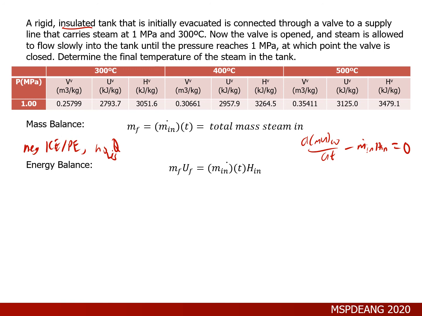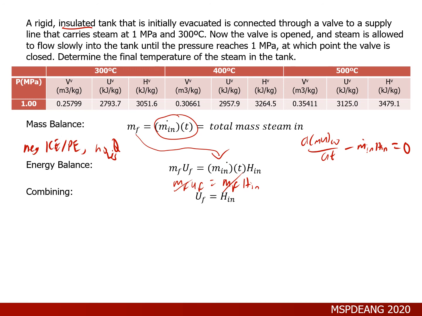Now combining the mass balance and energy balance equation, m dot in times T is also equal to MF. So we will get MF UF is equal to MF H in. Cancel natin si MF. You will get UF is equal to H in.